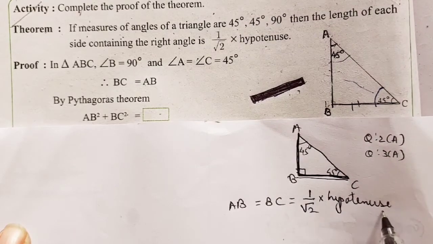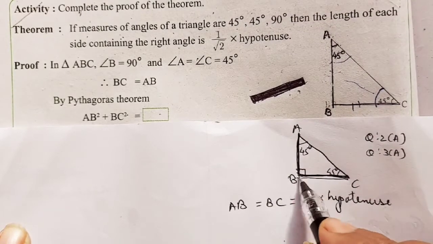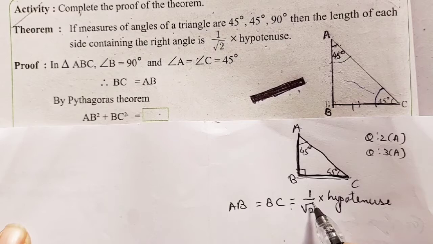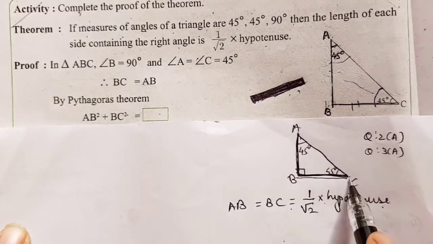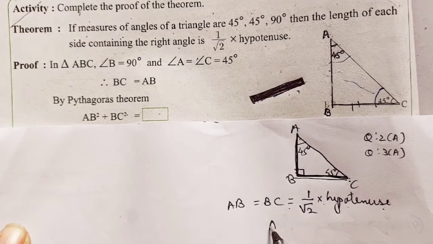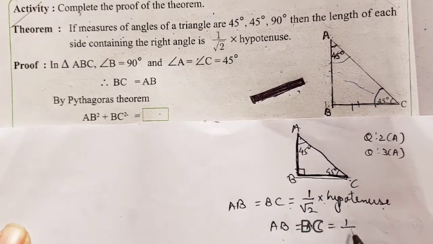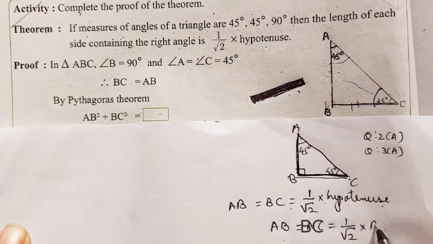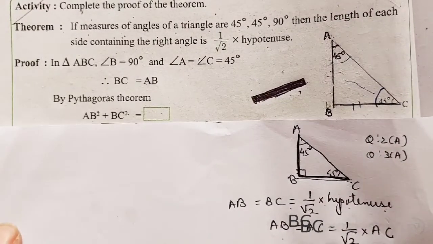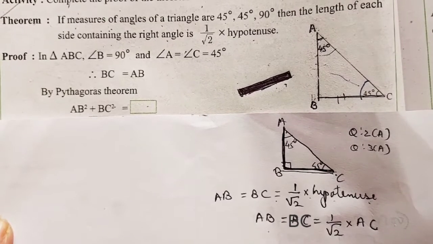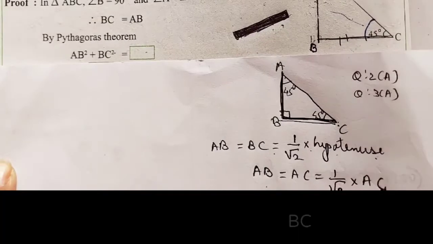These are the sides containing the right angle, so these are nothing but 1 upon root 2 into hypotenuse. What is the hypotenuse? It is AC. So what we have to prove? AB is equal to 1 upon root 2 into AC. Clear? Right? So here you know how to apply Pythagoras theorem. Write in the comment box. So let us start.